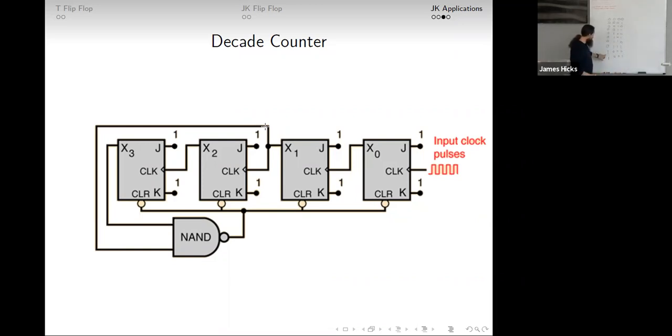What I want to do is, at this point, I want to reset.